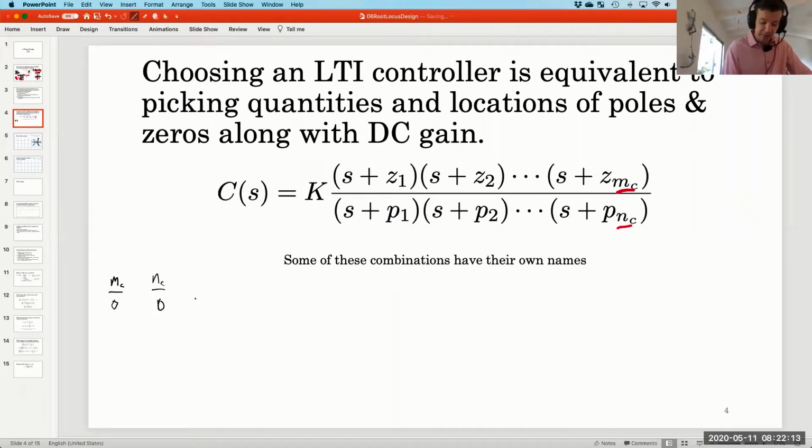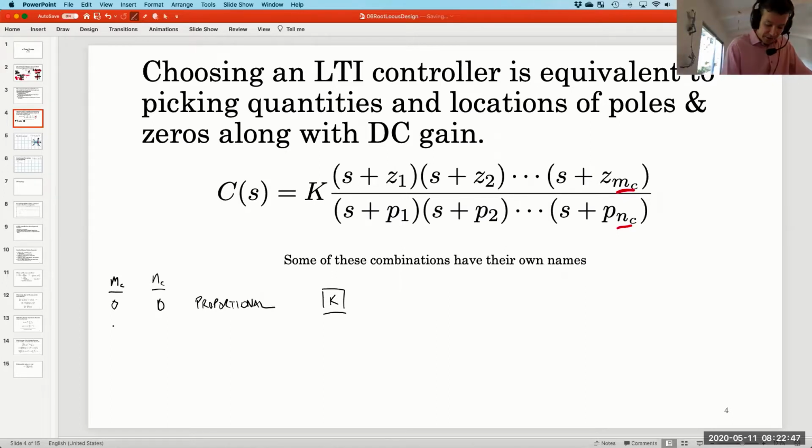Just K. So this is what's known as a proportional controller. This block would simply look like that. And that's fine. That just means that your system is going to act proportionally to the error. If the error is big, the actuator does something big. If the error is small, the actuator does something small. If the error is 0, the actuator does nothing, because your system has 0 error, so there's nothing to correct for.